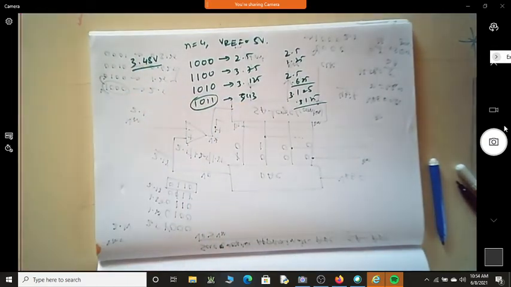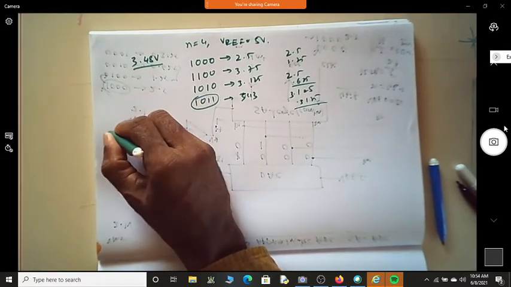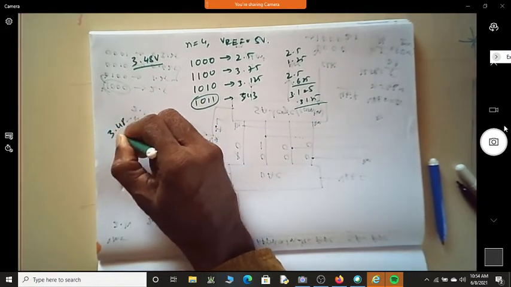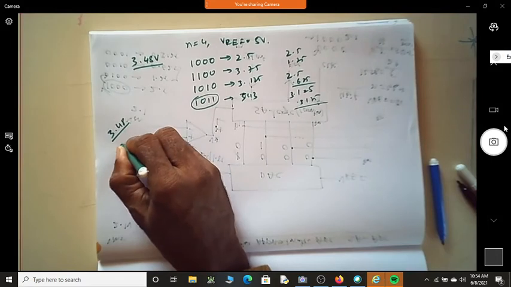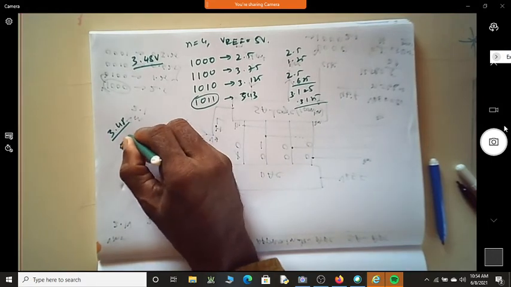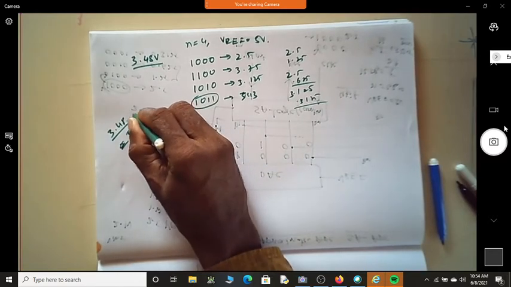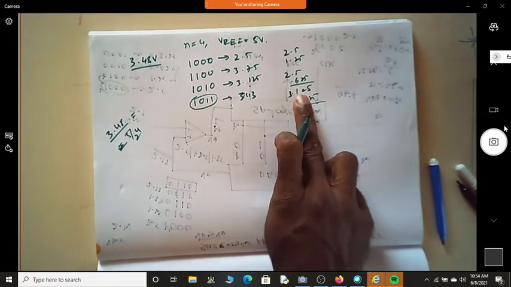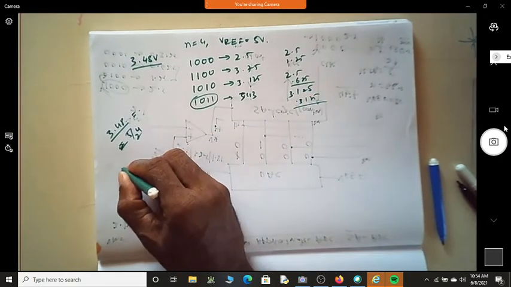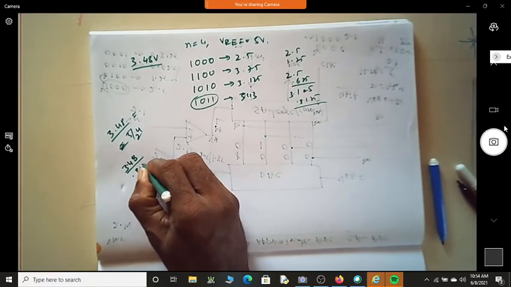Of course, how to verify whether this is correct or not? Can I just do 3.48 divided by 5 by 2 power 4, that is 0.3125? 3.48 divided by 0.3125.